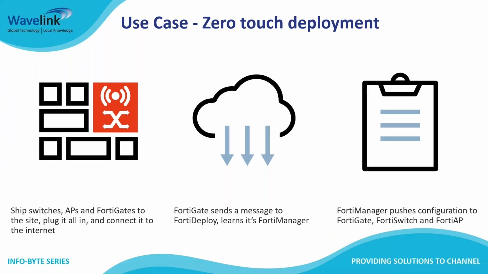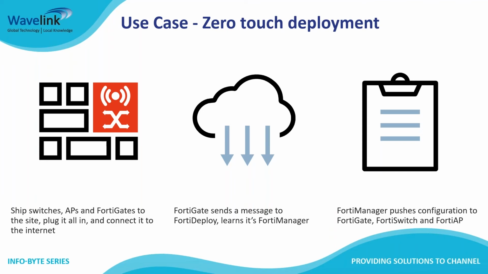So there's really no need for anybody to go into that branch and configure anything. Everything is done automatically. You just need somebody to connect the cables. So that way you can actually cut a lot of cost and time, with somebody having to pay an engineer to go and configure them.